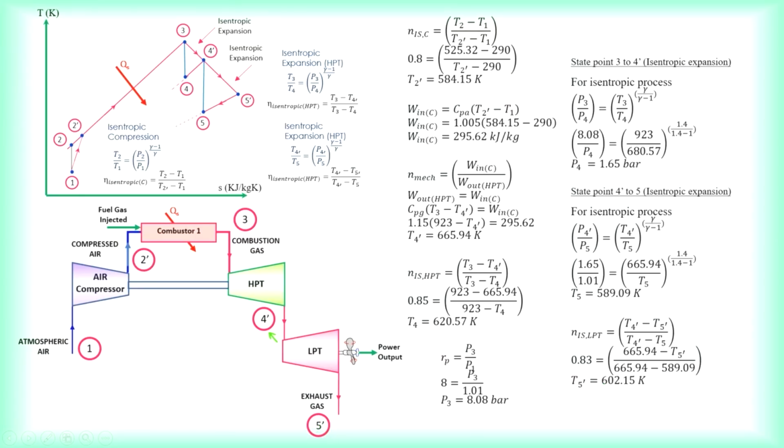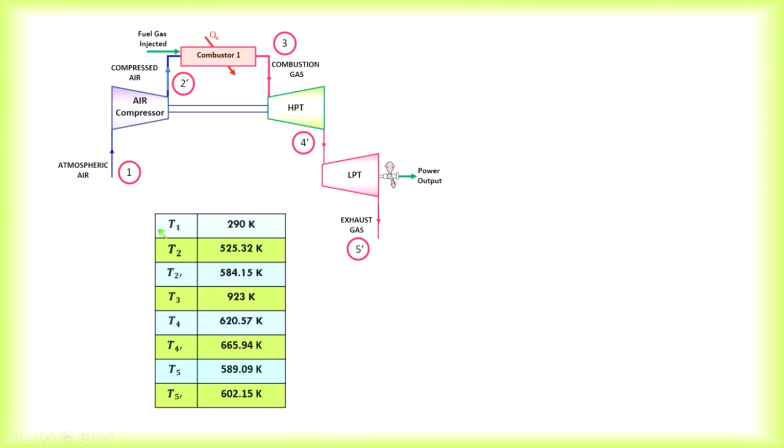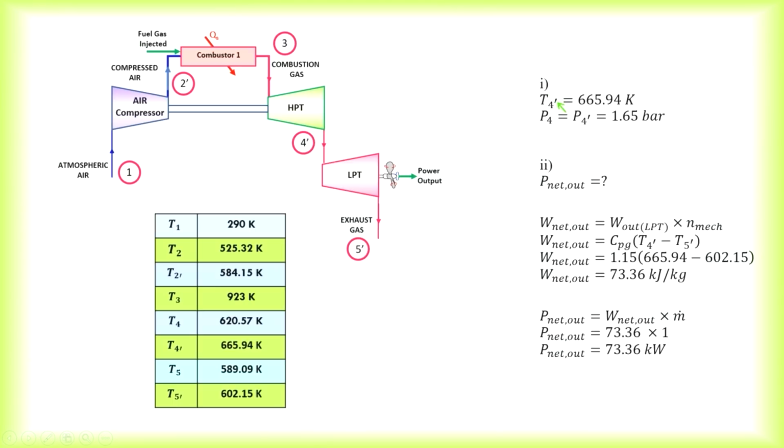Once you have found all the temperatures, you can proceed in calculating the work in, heat supply, and work output. Work in we have calculated. List down all the temperatures for the convenience of our calculation later. Power net is your net work out multiplied by mass flow rate.